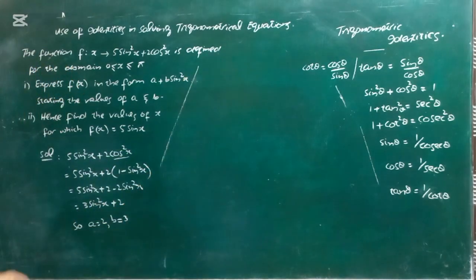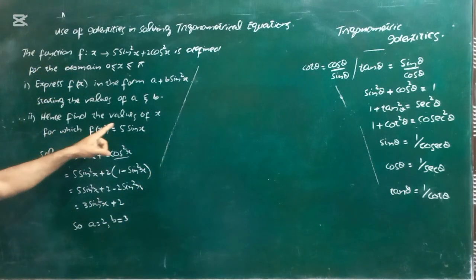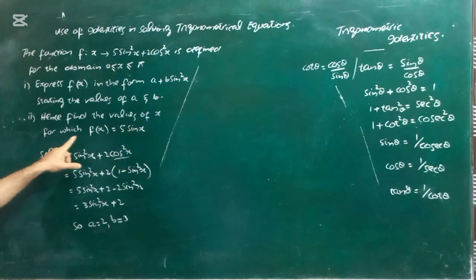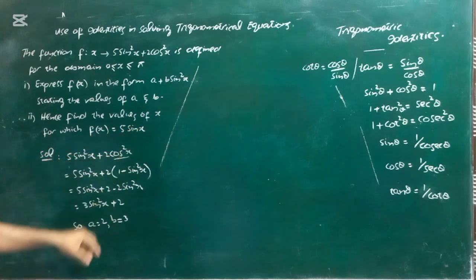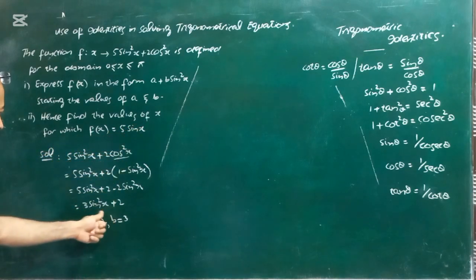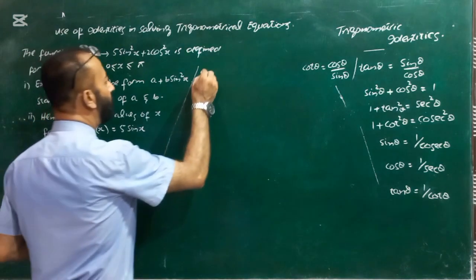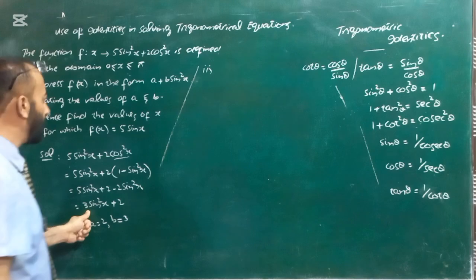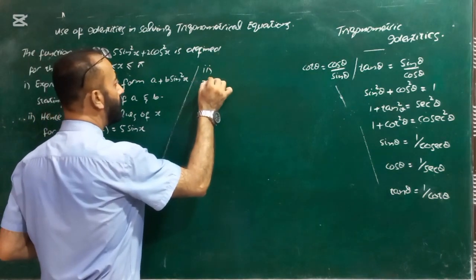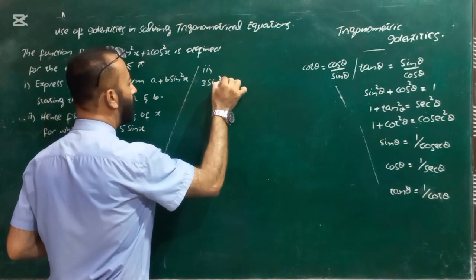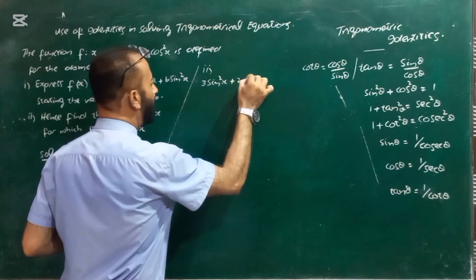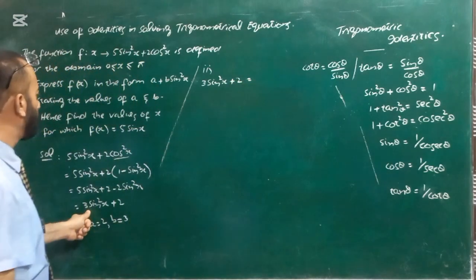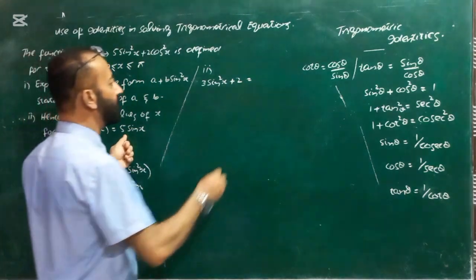Moving further, the second part is find the values of x, for which f of x is equal to 5 sine x. So this is f of x now. So for the second part, it means 3 sine square x plus 2 will be equal to 5 sine x.